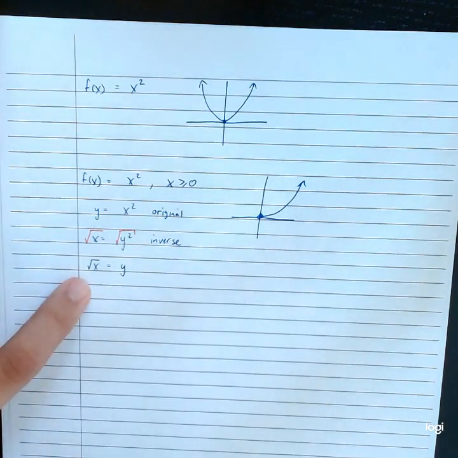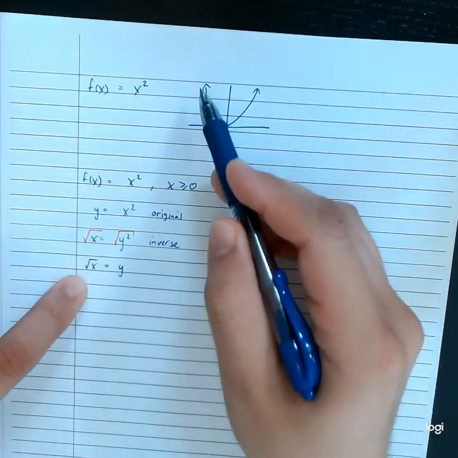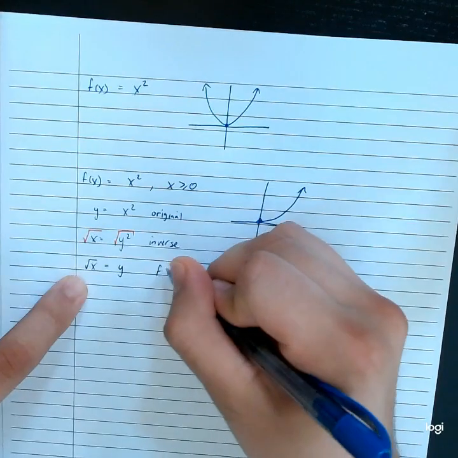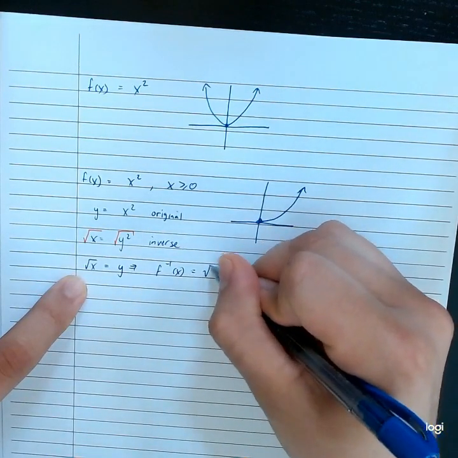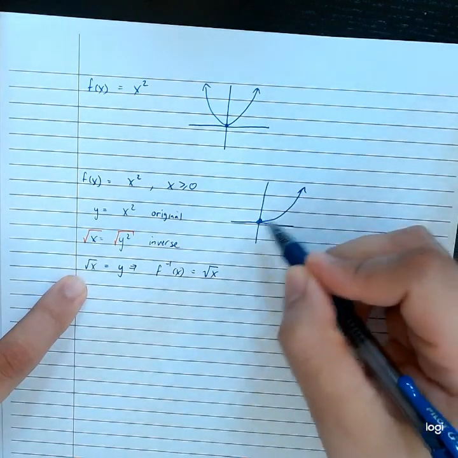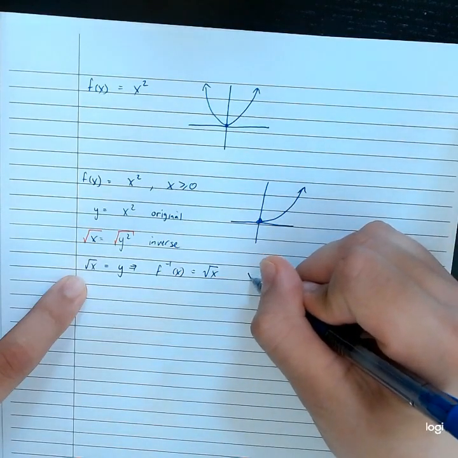Right? That's where y equals square root of x comes from. It's the inverse not of the whole parabola, but of just the right side. So here we can write this as f inverse of x equals the square root of x. And here we only have the square root of x for whenever x is positive, right? For whenever x is greater than or equal to 0.